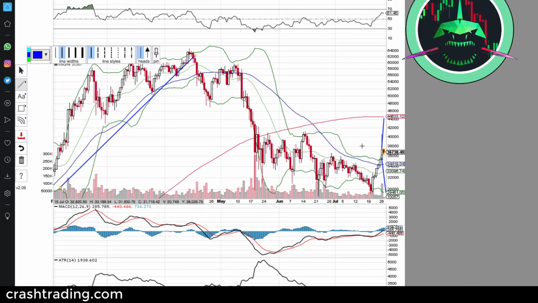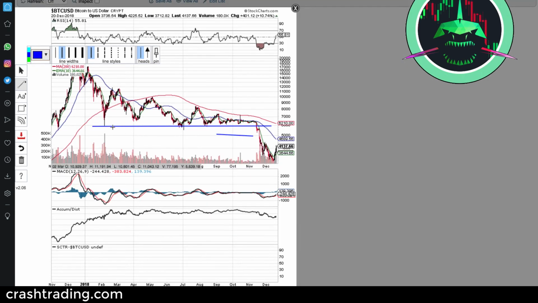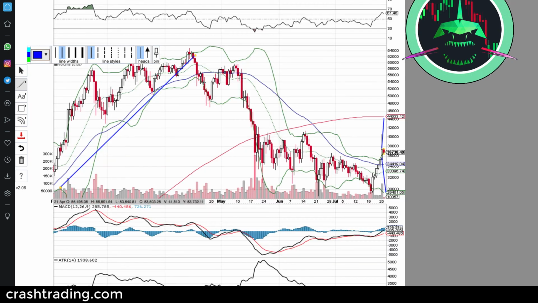Who knows, even maybe 9,000, right? I know it sounds crazy, but if you think about the timing, in 1 year from now we'll likely be raising interest rates. And if you look at this example, 1 year from there to there, rise in interest rates, panic, breaks that low, breaks that bottom, and down you went. Okay, so crazy. You have to understand there are so many factors here. It's not just Bitcoin.